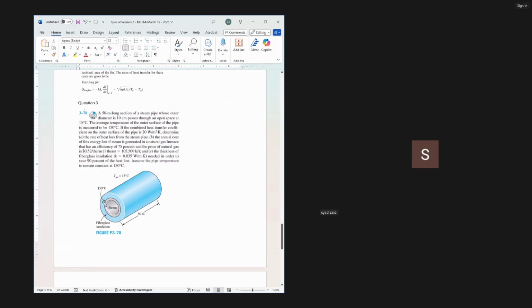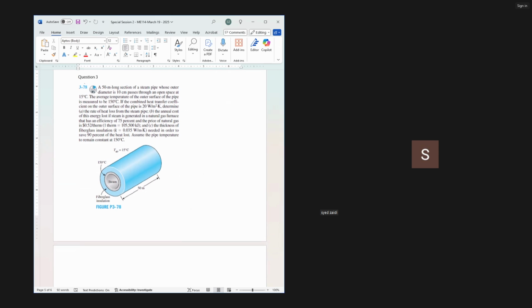So this temperature remains constant when you put the fiberglass insulation there. So how will you tackle this question? You have to tell me what you need to find out for the first part.